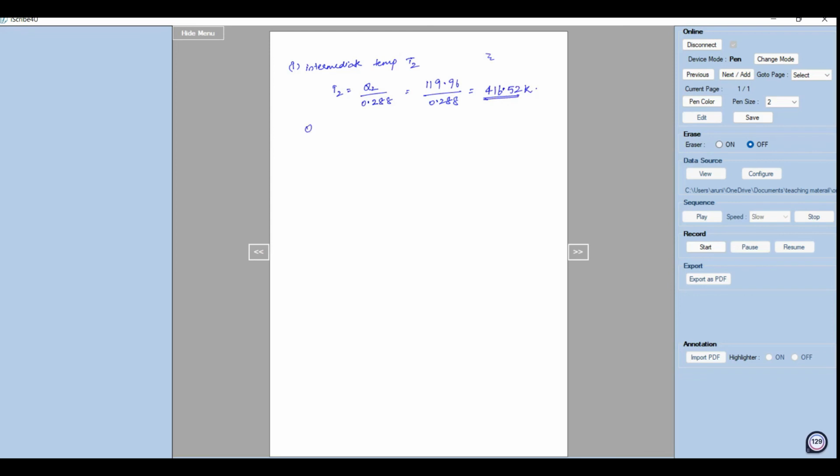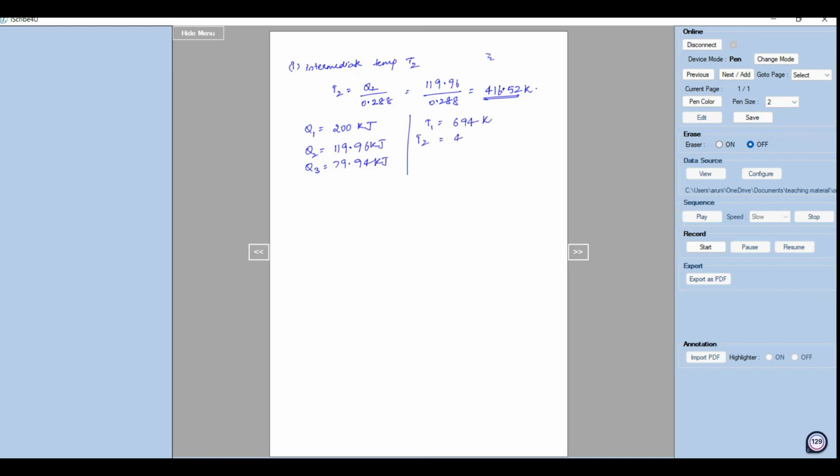You can just write down once. Q1 is 200 kilojoules given in the problem, right? So Q2 just now we calculated 119.96 kilojoules. Q3 is also given in the problem, 79.94 kilojoules. Similarly, on the other side we have temperatures. T1 is 694 Kelvin.